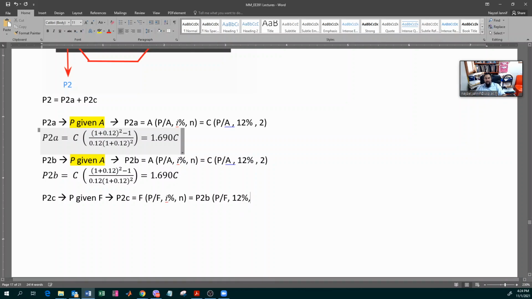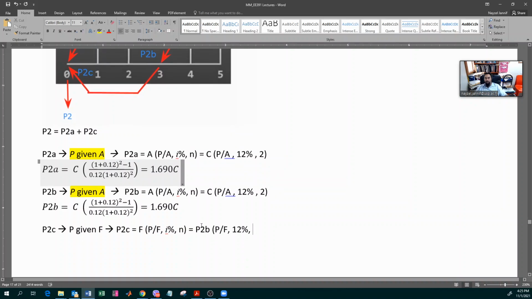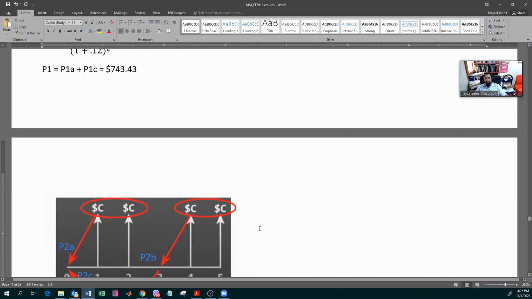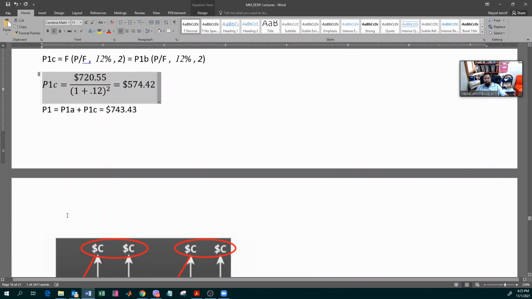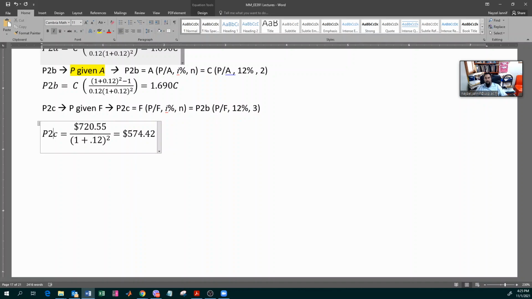What is the value of N this time? What is the value of N, when we want to discount our P2B all the way to the 0 interval? Yes, 3. All right. Now, P2C will equal to, see the formula. Okay.